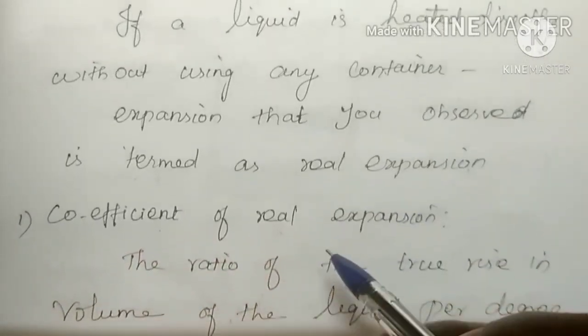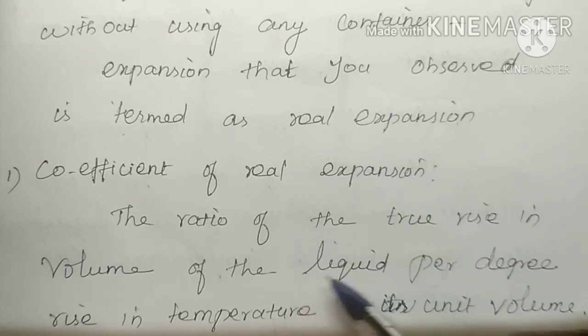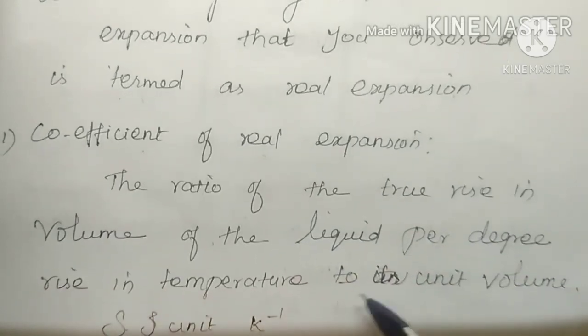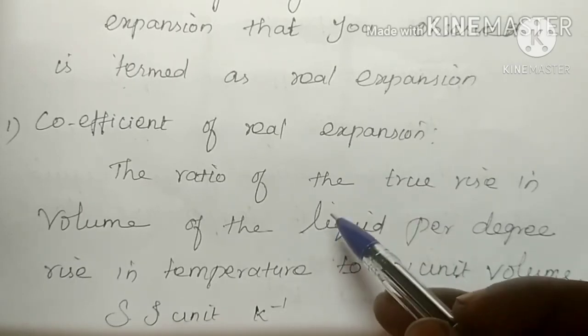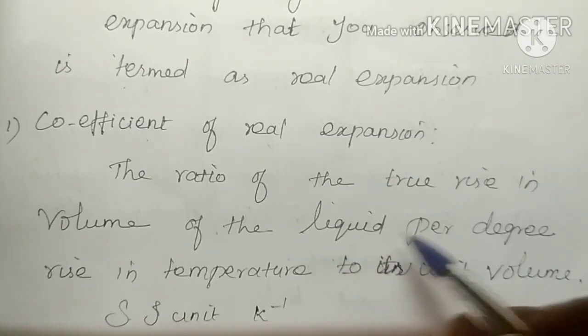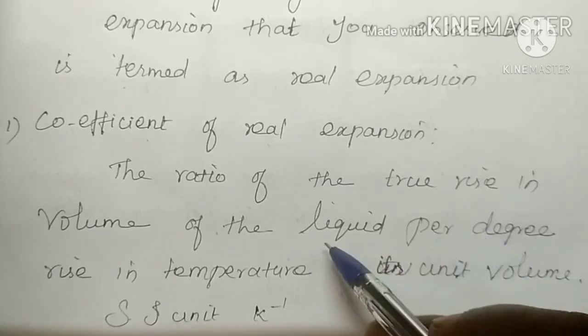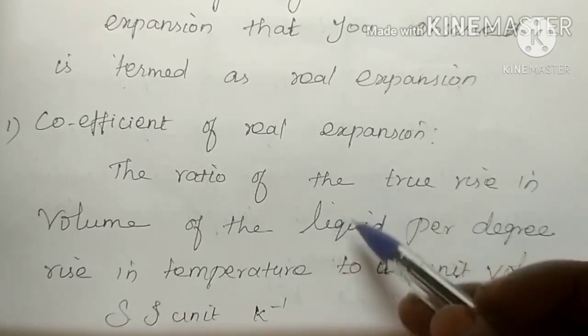What do you mean by coefficient of real expansion? The ratio of the true rise in volume of the liquid per degree rise in temperature to its unit volume. When we are heating, the temperature increases, so the volume of the liquid increases.